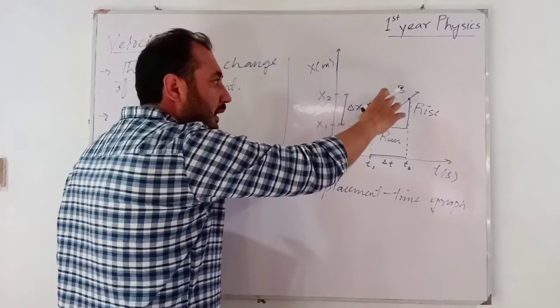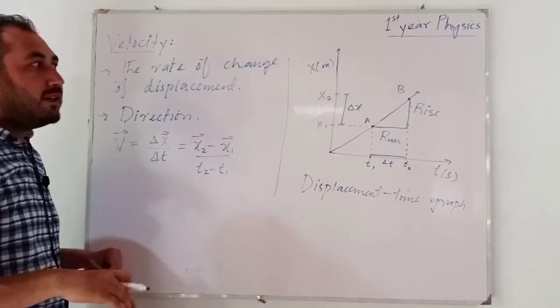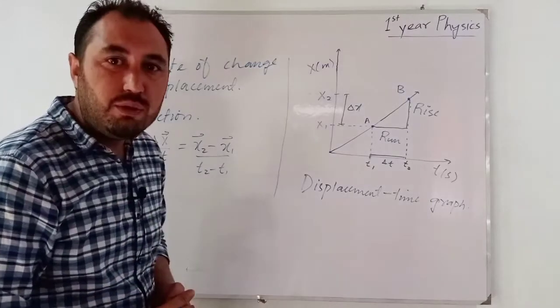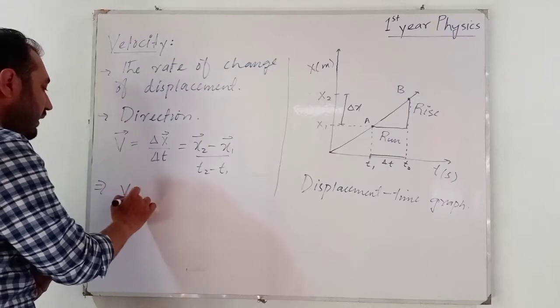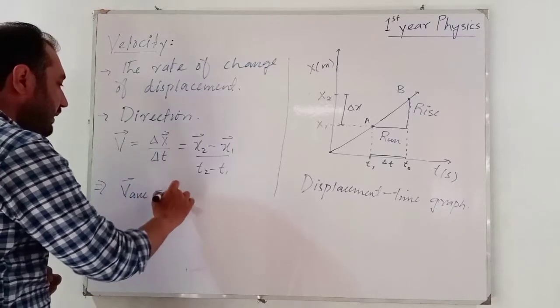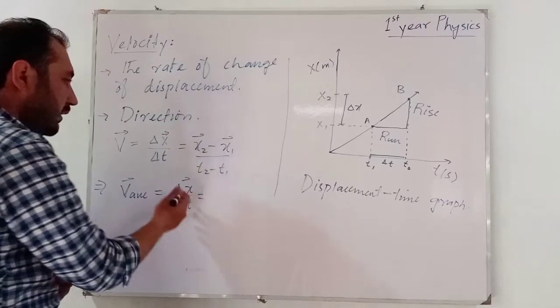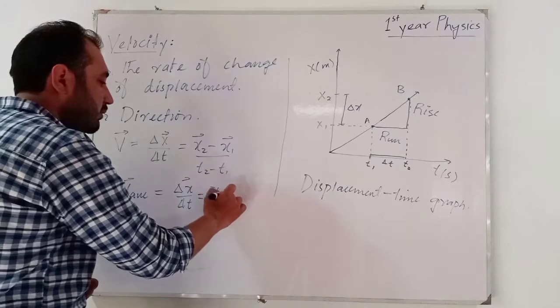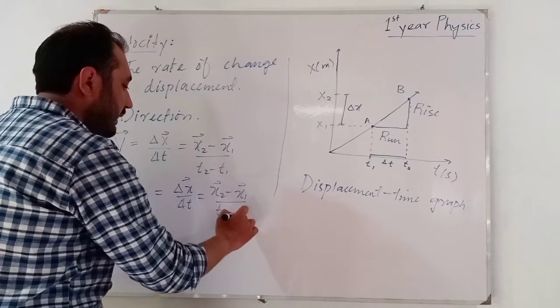We don't have any detailed information about the motion, so it gives us an overall overview of velocity. We can call this the average velocity, v average, right? This average velocity will be delta x over delta t, and we have found delta x as x2 minus x1 over t2 minus t1.